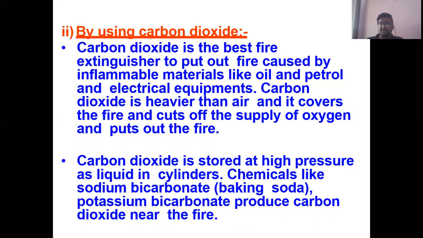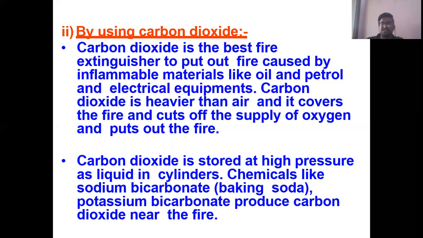Carbon dioxide is stored at high pressure as a liquid in a cylinder. Chemicals like sodium bicarbonate, which is baking soda, with the formula NaHCO3, and potassium bicarbonate, with the formula KHCO3, contain carbon dioxide.